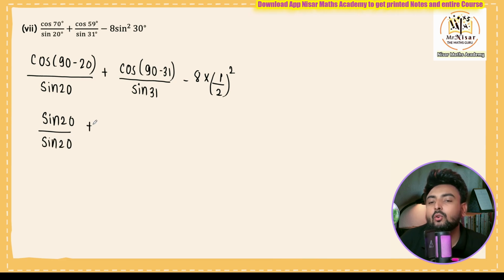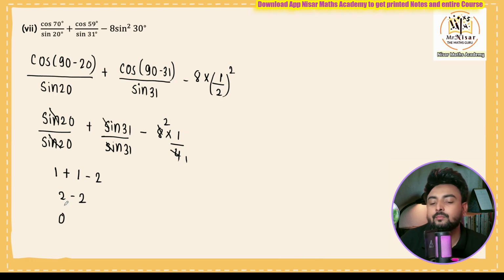Then we have cos 90 minus theta is sin theta, minus 8 into 1 square 1, 2 square 4, 1 by 4. So this will get cancelled, this will get cancelled. We'll have 1 plus 1 minus 2. So again 2 minus 2, answer is coming 0.